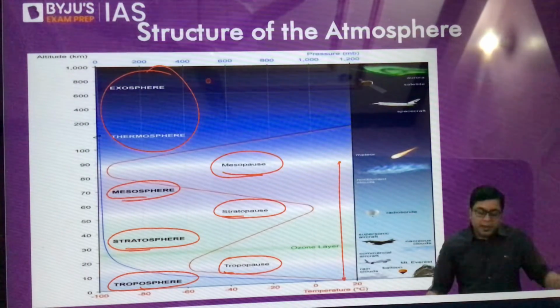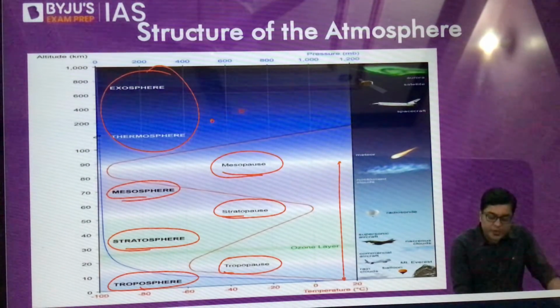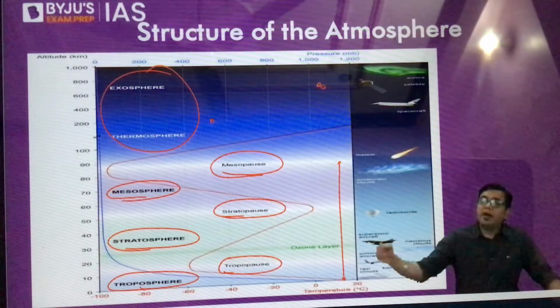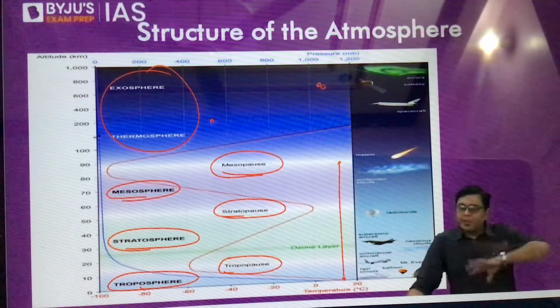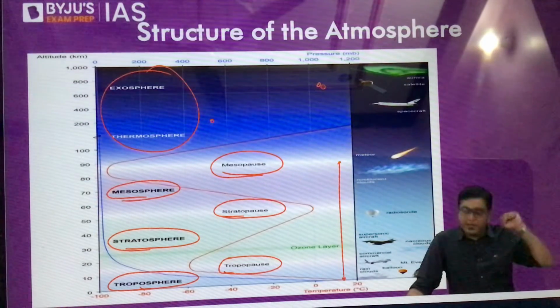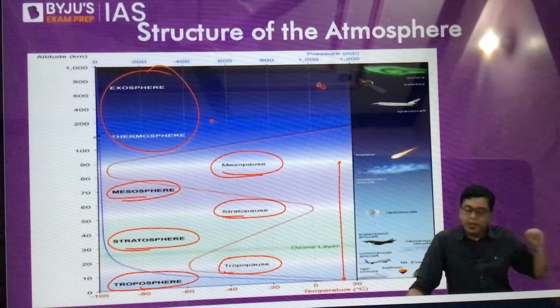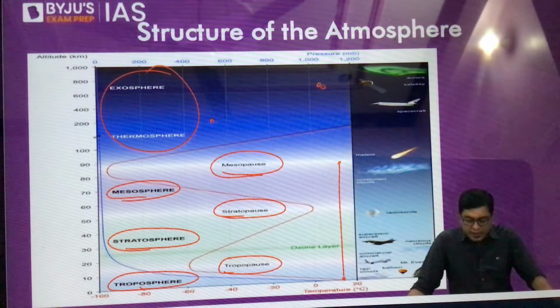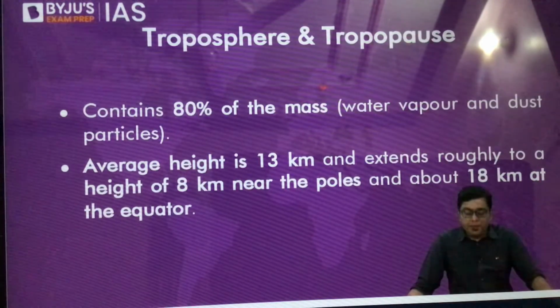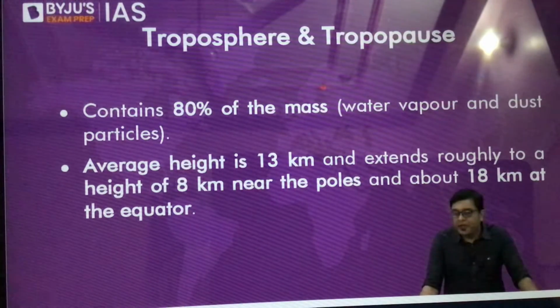So one particle is here, the other particle may be many kilometers away from it. That is where you have the different properties experienced in the exosphere and thermosphere. Now, let us take a look at the property of each of these layers, starting with the troposphere.